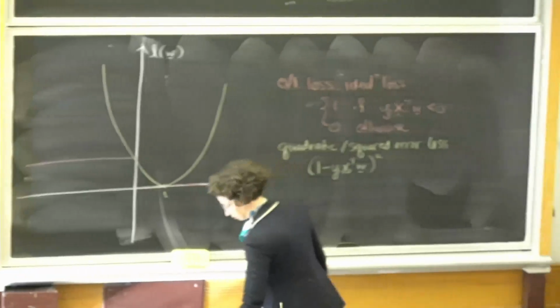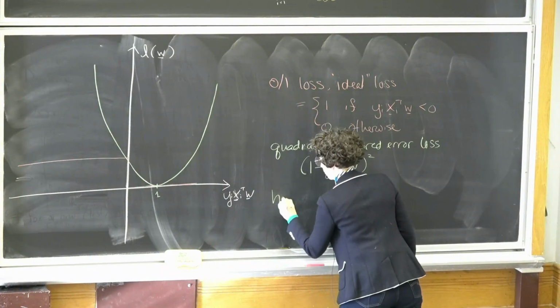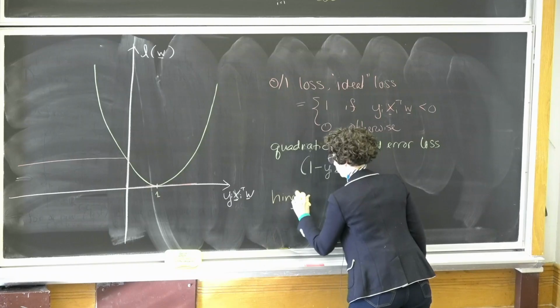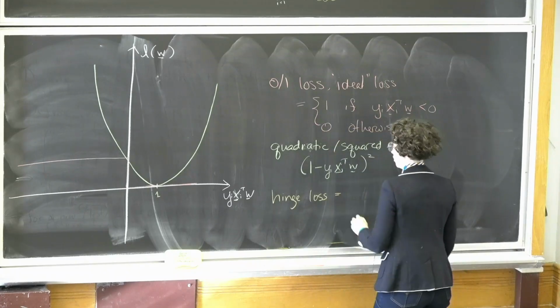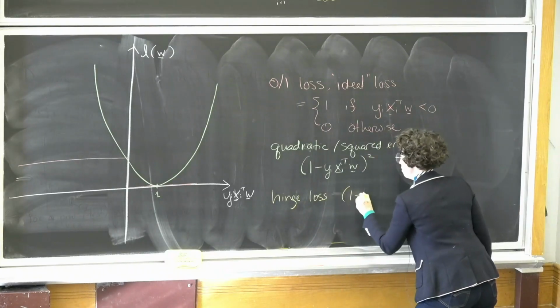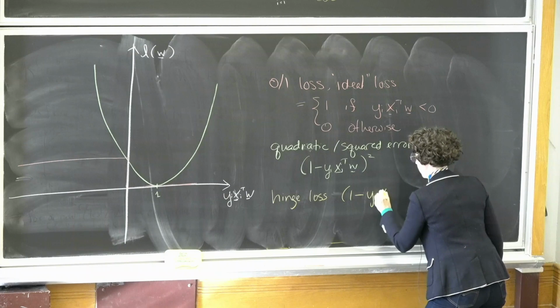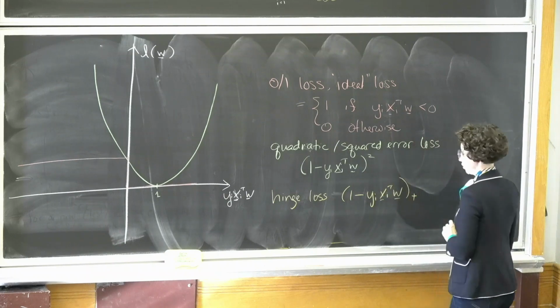Okay, so then we can also consider the hinge loss. The hinge loss is just going to compute for us 1 minus y_i x_i transpose w, plus.